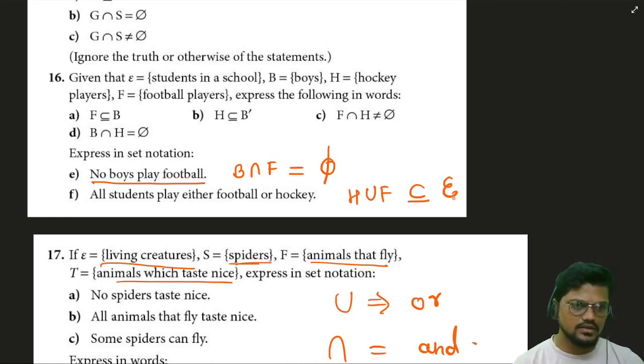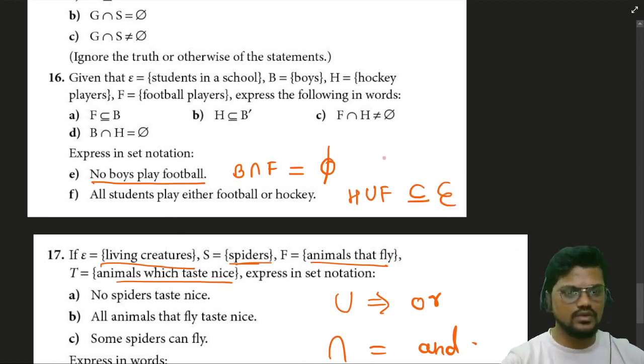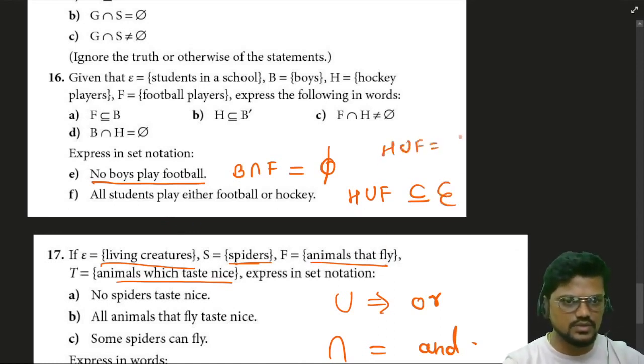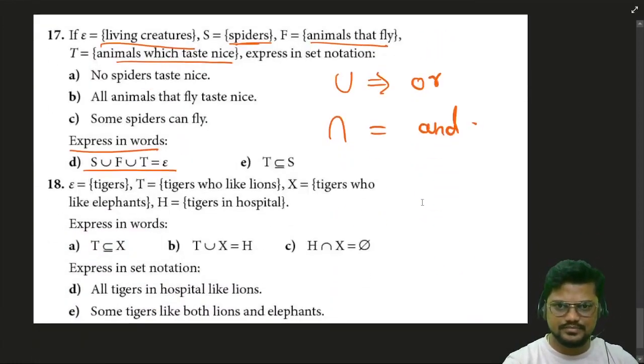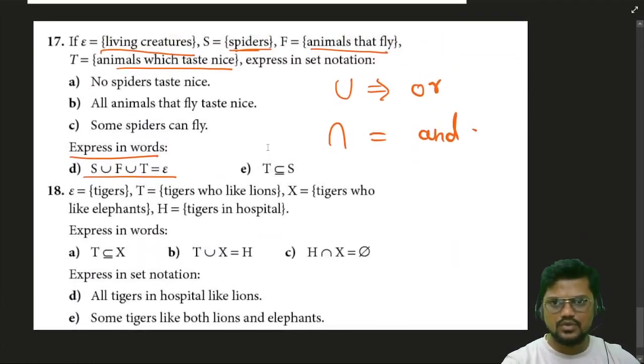Equal to is also fine, right? Yes, equal to will also do. So H union F is equal to the universal set. Fine. That's done.